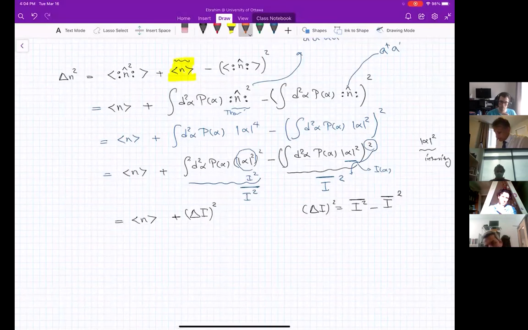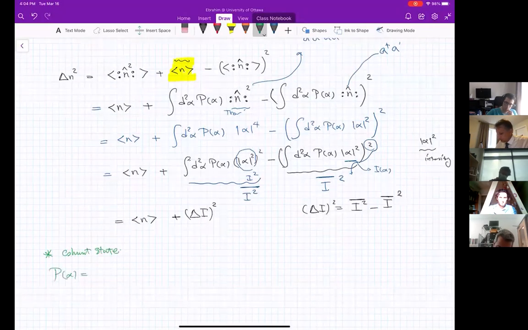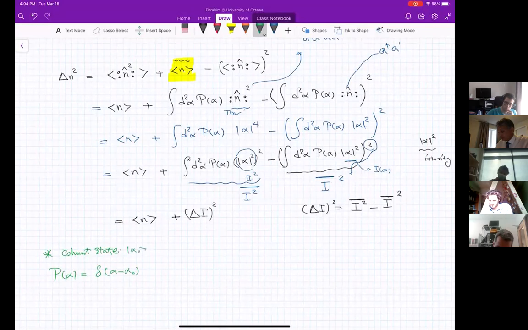Let's go with a few examples. As usual, what I love is the coherent state. What we know about the coherent state is that the quasi-probability distribution P(alpha) is given by delta of alpha minus alpha 0, for a coherent state of alpha 0. Can someone tell me what delta I is for a coherent state?